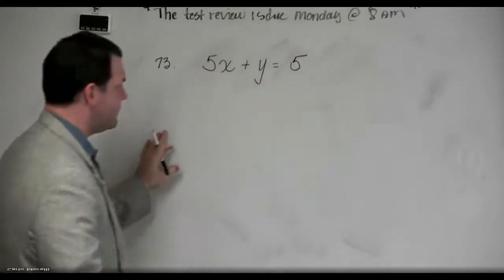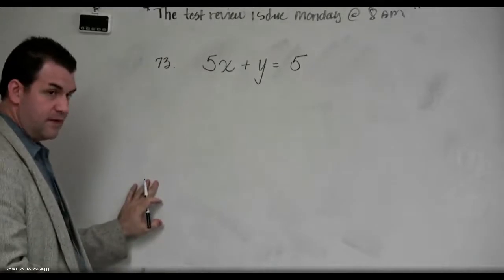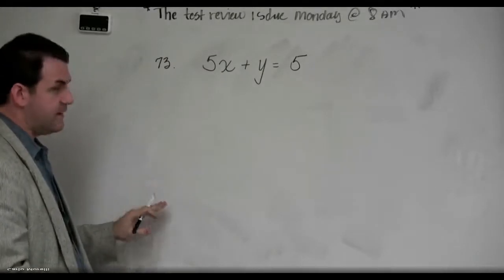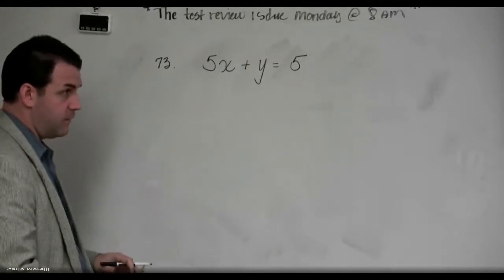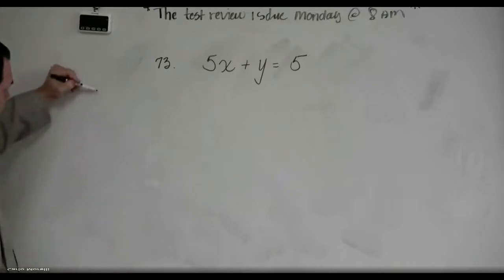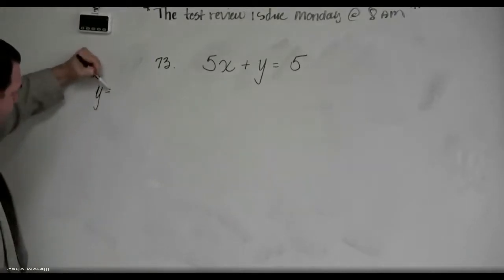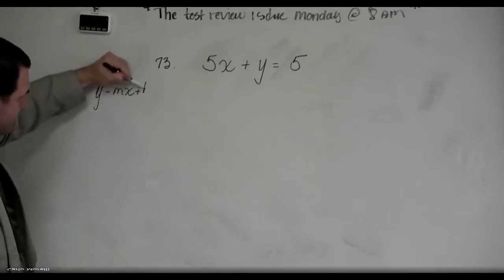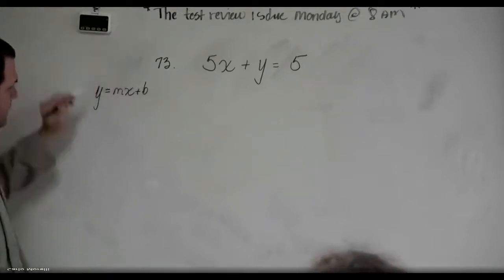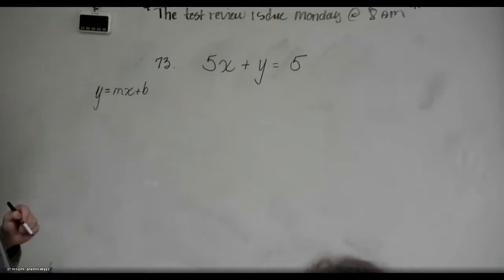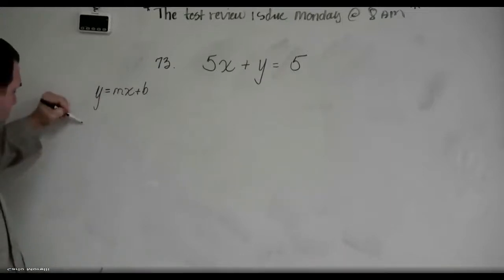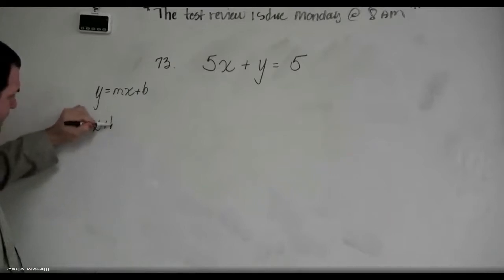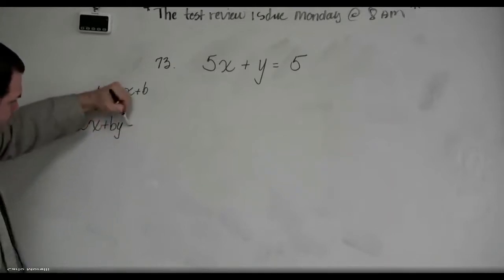In order to know what this equation even looks like, we have to get this in slope-intercept form. Just a reminder, that's y equals mx plus b, where m is the slope and b is the y-intercept. And right now, our equation is in standard form, ax plus by equals c.